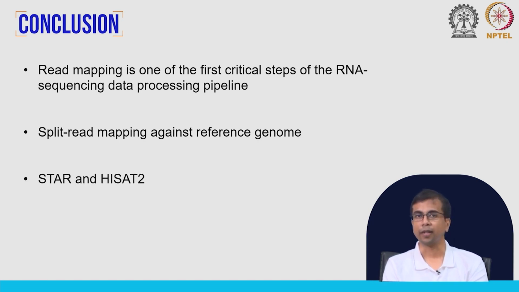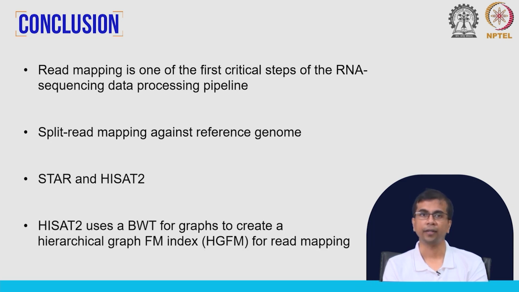We talked about STAR and HiSat2 in a bit more detail, and we have seen that HiSat2 uses a BWT for graphs, the Burrows-Wheeler transform for graphs, and it creates a very similar HGFM index for read mapping, and it utilizes this index to search for splice variants and the reads in the reference genome data.